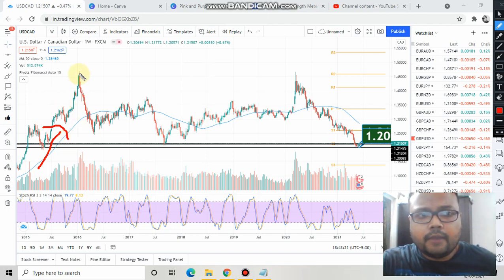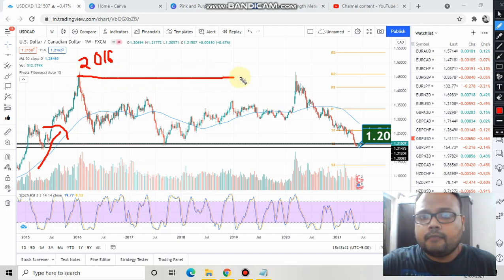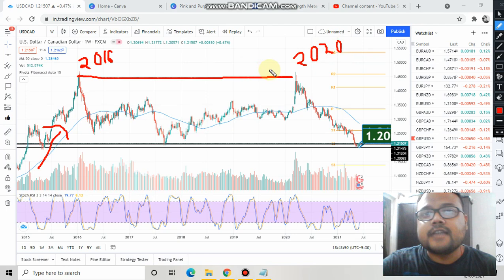But when market reached this particular price level in the year 2016, market faced some selling pressure from above, and market started falling, and market tried to go up in the year 2020. But market failed, or market faced the same selling pressure that it faced in the year 2016.